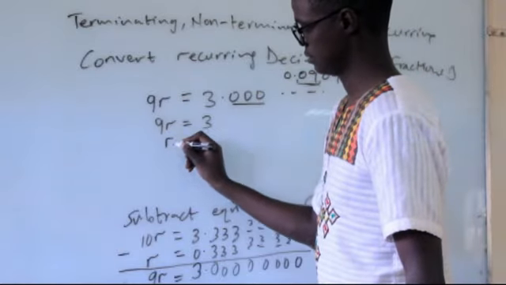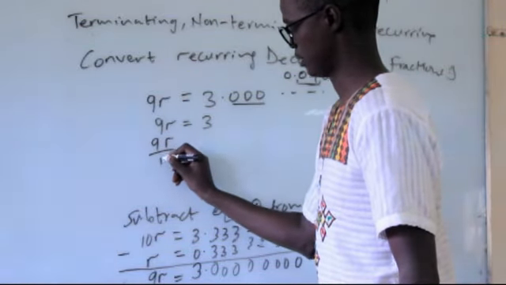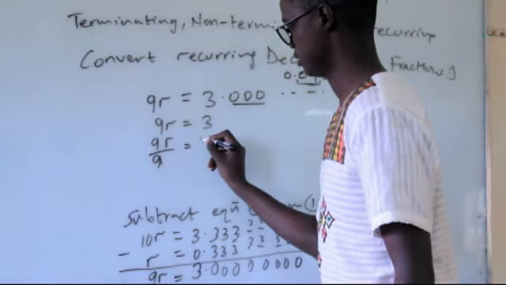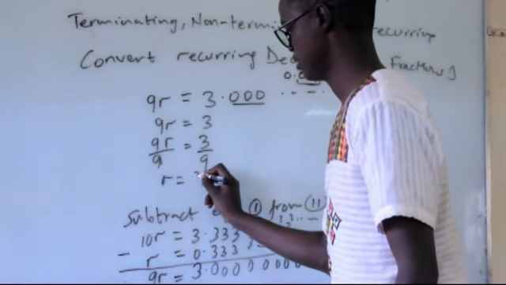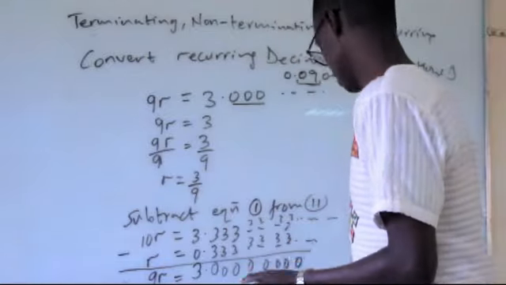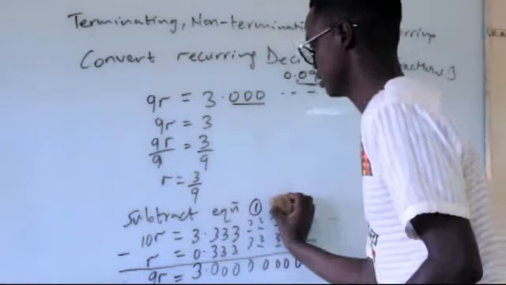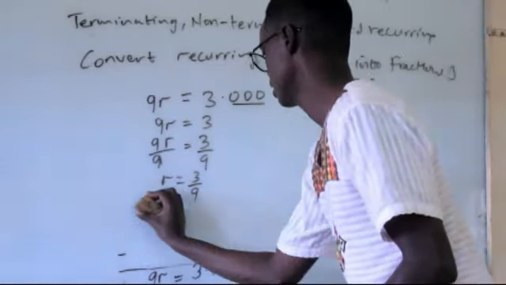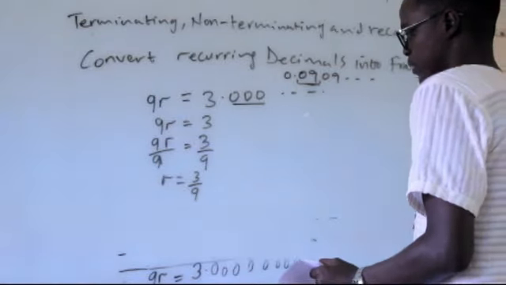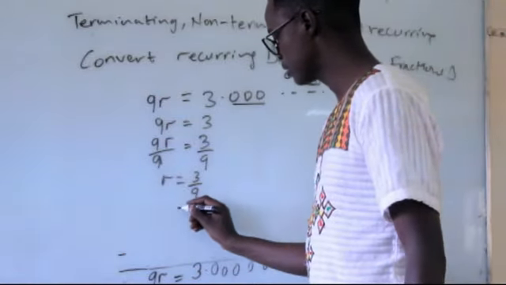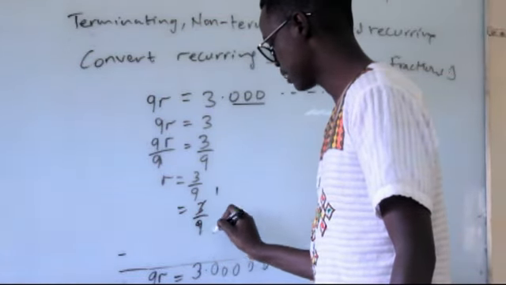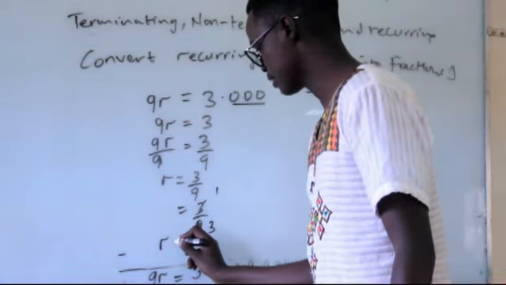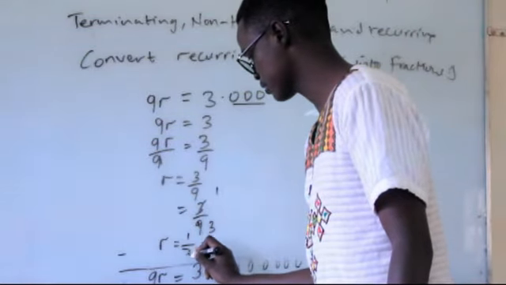So for r, we are going to divide by 9. Even this side, we divide by 9. We remain with r equals 3 out of 9. And now we can reduce this by dividing by 3. So r is equal to 1 over 3.